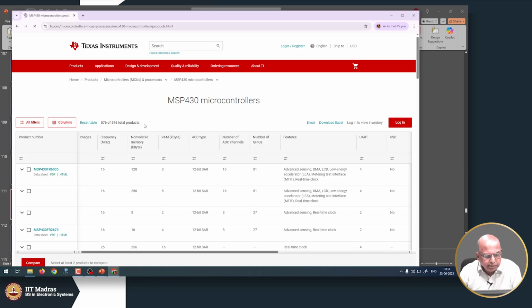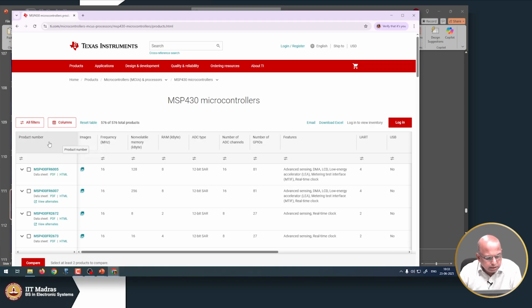You will find that there are approximately 576 types of MSP 430s. Okay. That means the same company provides 576 different flavors of MSP 430.